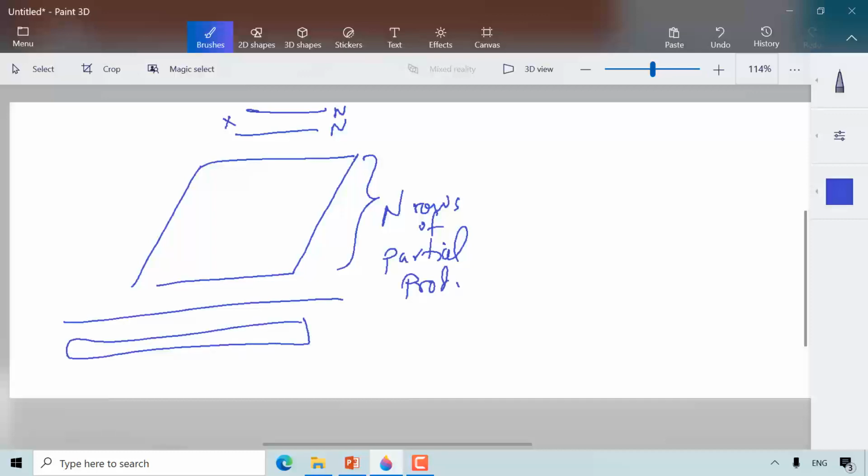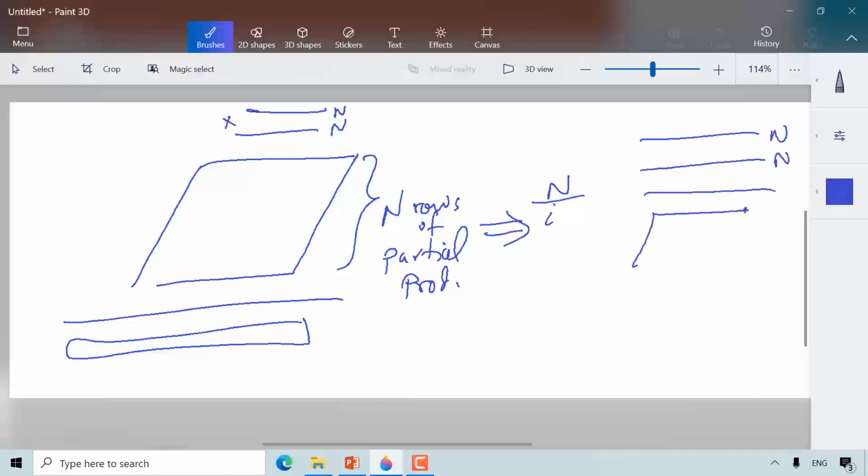So this n rows, I can reduce by a factor of i, meaning when I multiply two numbers, n times n, the number of rows will be n divided by i when I use Radix 2 to the i.